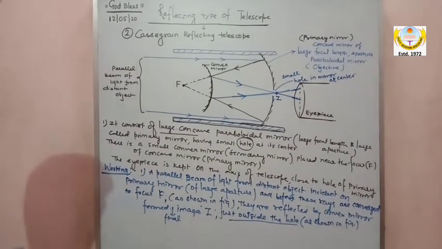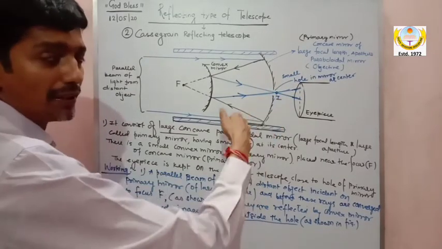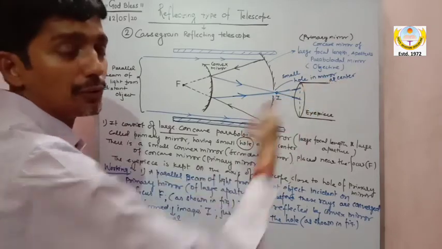And my dear, at the end you can see there is an eyepiece. As soon as the final image I is formed, this final image will be viewed through the eyepiece, right?